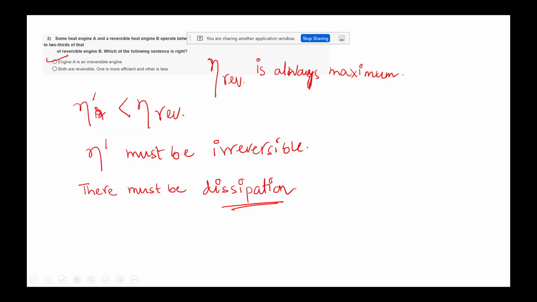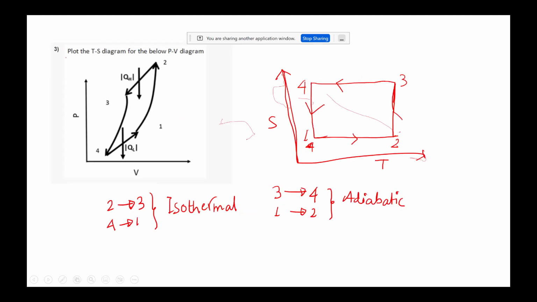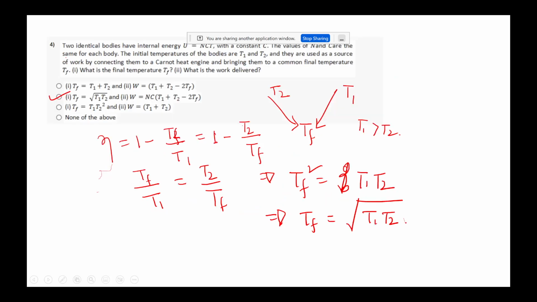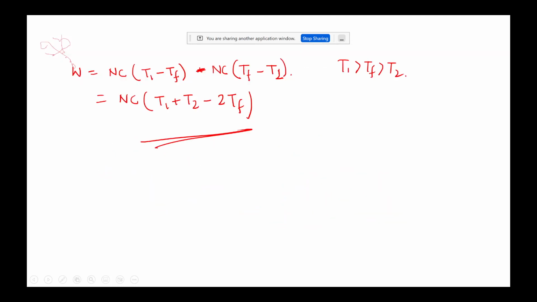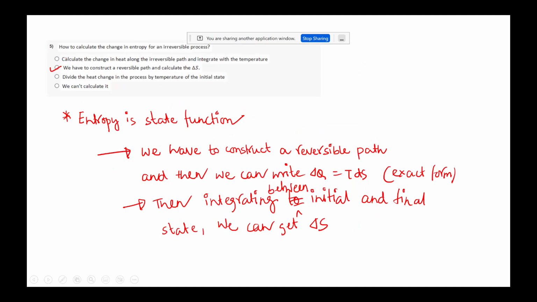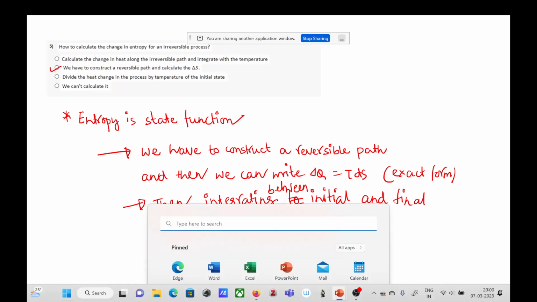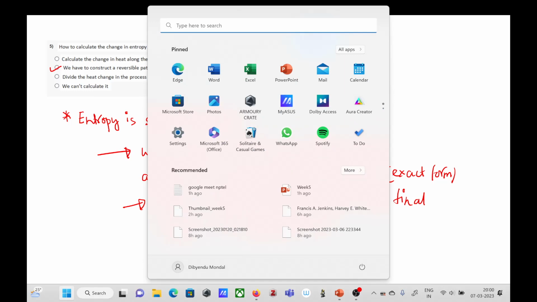We also know that for a reversible engine the efficiency is maximum, and any engine with lesser efficiency must be an irreversible engine. From the TS diagram we learned how to construct a TS diagram, and also some problems on this. And also how to calculate entropy for an irreversible process by constructing a reversible path. Okay, so this is it.